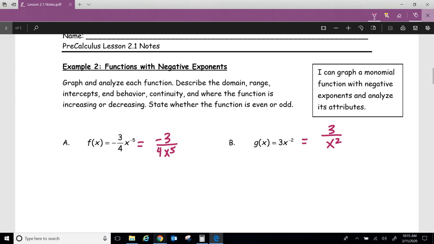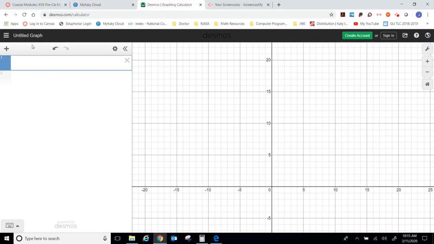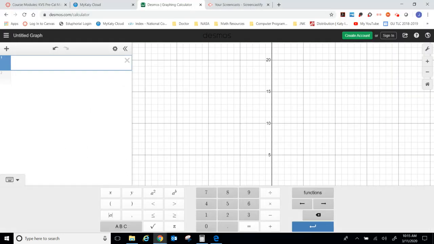So negative 3 over 4x to the fifth. And I'm going to put that in here, negative 3 divided by 4x to the fifth. And let's see what that looks like.